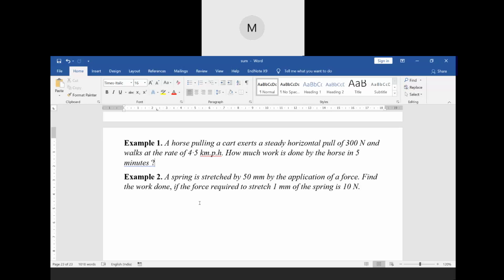Now here we are finding that for 1 mm of the spring, it takes 10 Newton. For the next mm, it may not be 10, it may be 9, but we are considering it as the average one. That means for 1 mm it is 10, for the next 1 mm also it is 10. Like this we are considering and multiplying it. That is why we are considering the average force. समझ में आया? That is why we are considering the average force. समझ में आया अभी?